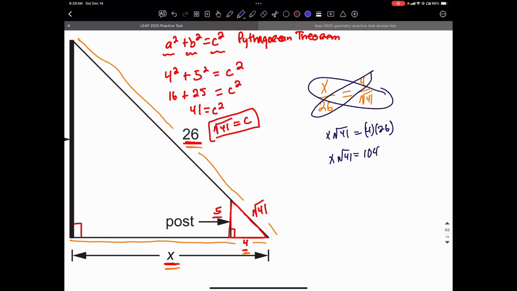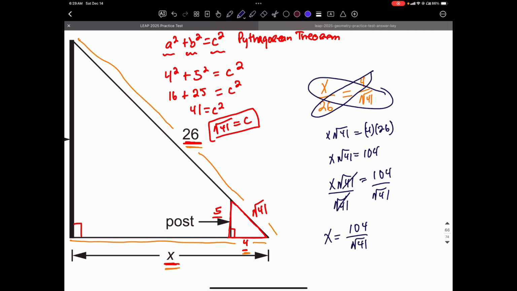Then we divide both sides by the square root of 41. Those cancel out, and our x would equal 104 divided by the square root of 41.